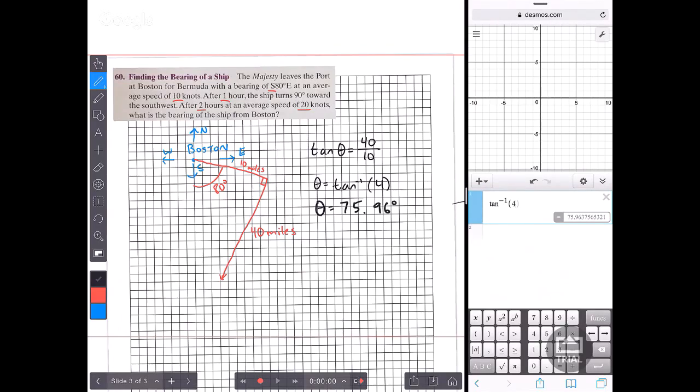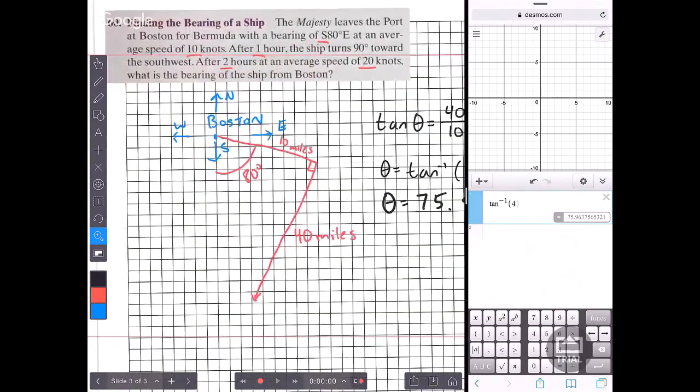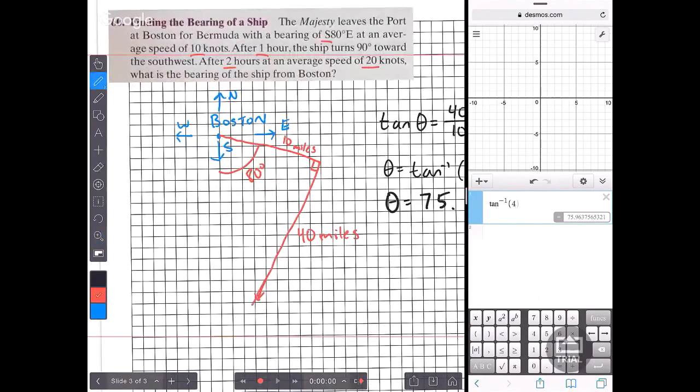Okay, so we know, zooming in here, that the ship came almost back so that it would be due south. Really close, not quite, but really close. And going 40 miles, it came really close to back to due south, just 5 degrees short of that.